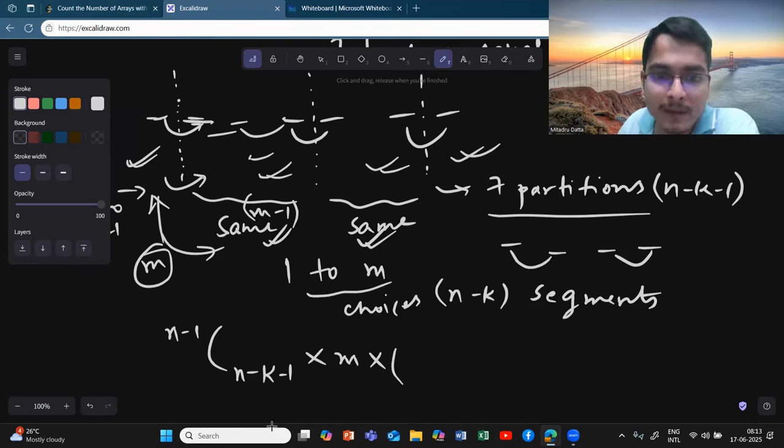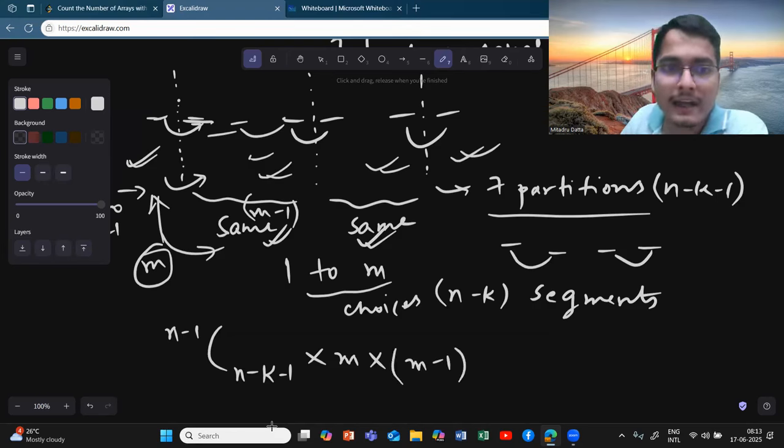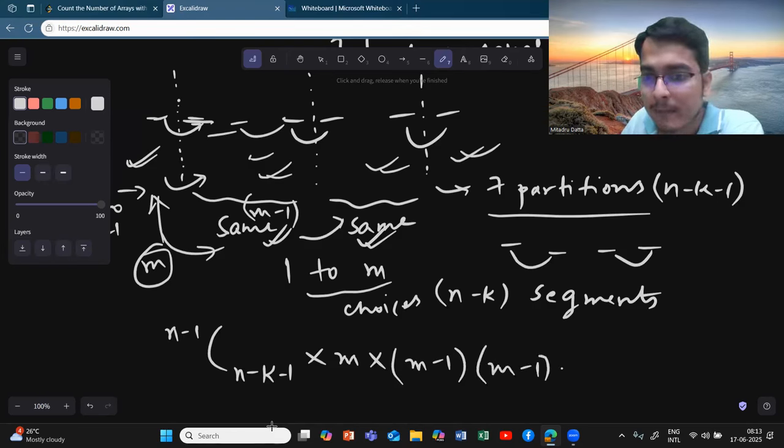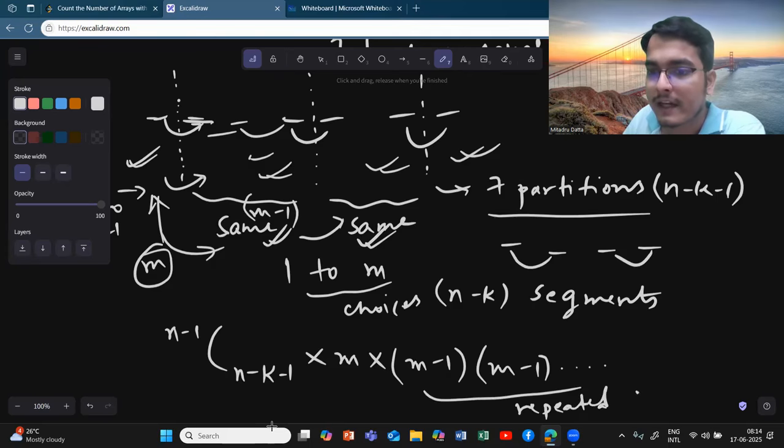So it should not be the same number. Again, this should be different from the previous partition. So similarly, this m minus 1 will get repeated this partition number of times. So m minus 1 gets repeated n minus k minus 1 number of times.